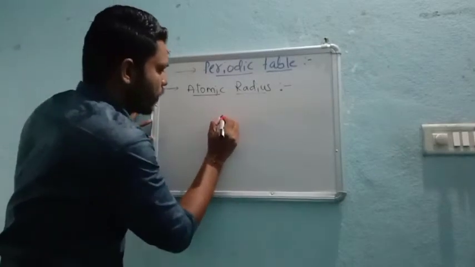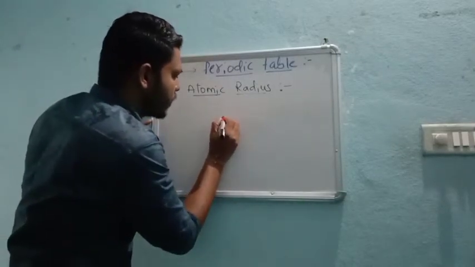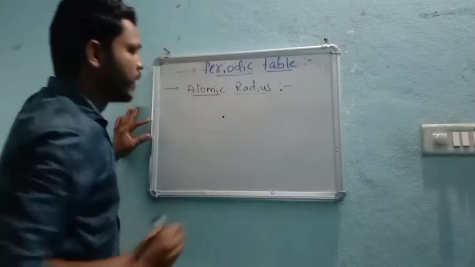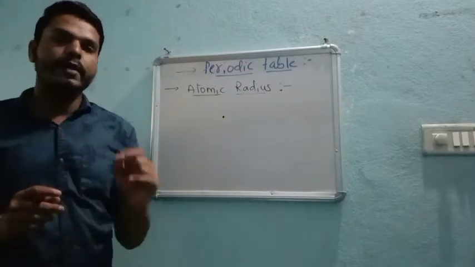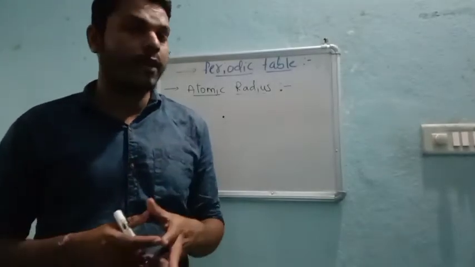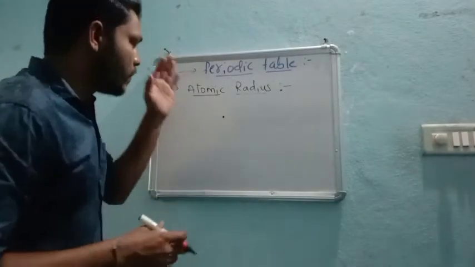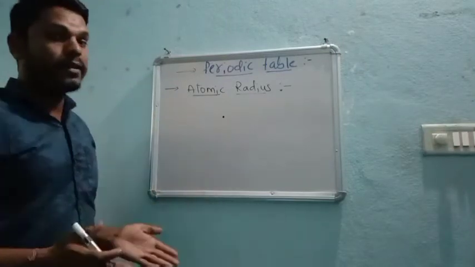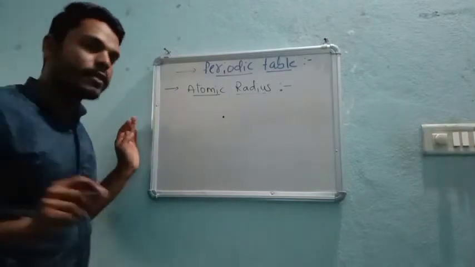See, in the first class I said an atom is the smallest particle. It will not undergo further division, we cannot break this atom, because it is the smallest particle.